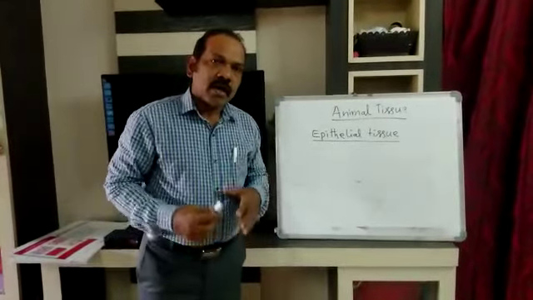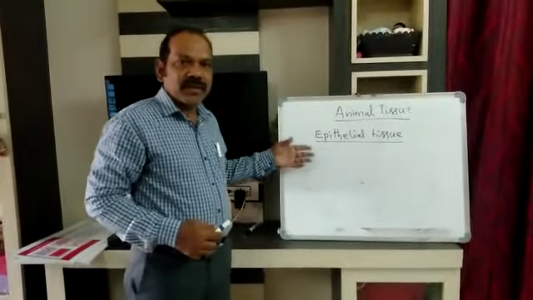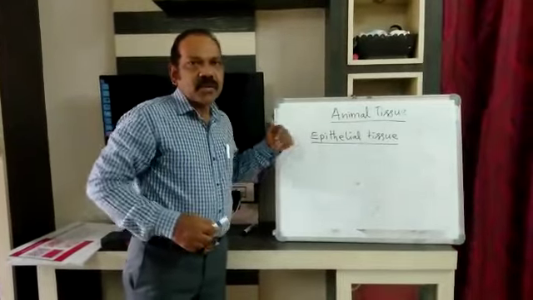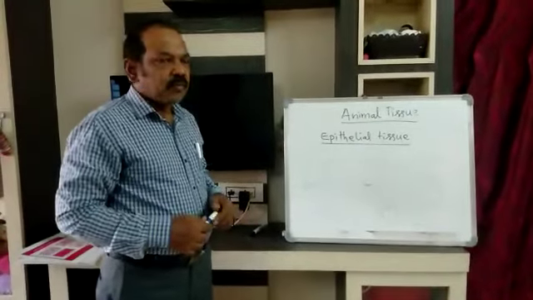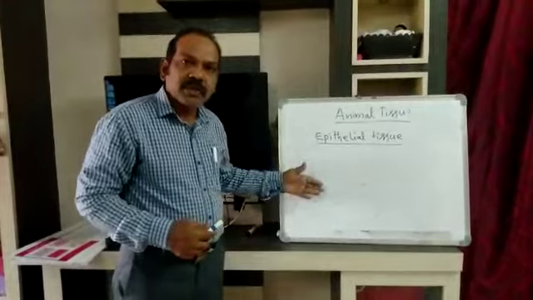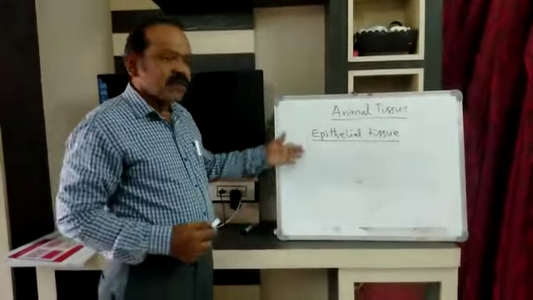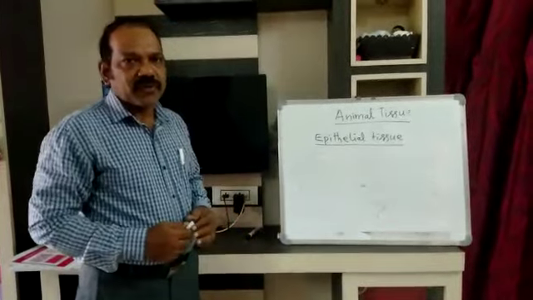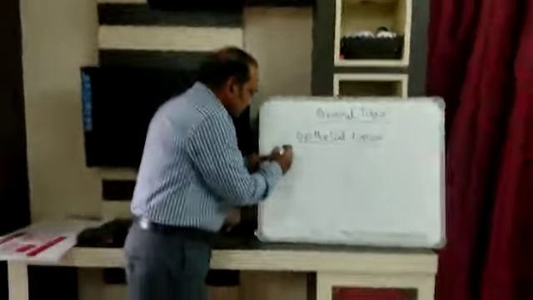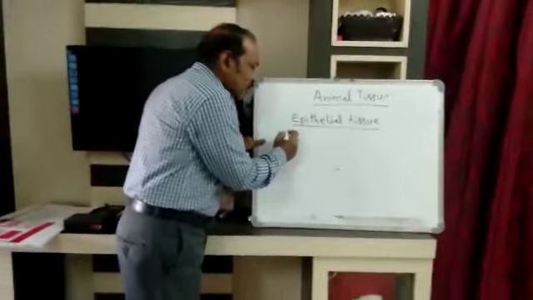Epithelial tissue can also be classified in another way based on the shape of cells. Based on the shape of cells, epithelial tissue can be classified into 5 different types. Now let us see what are those 5 different types of epithelial tissue. Number 1, squamous epithelium.